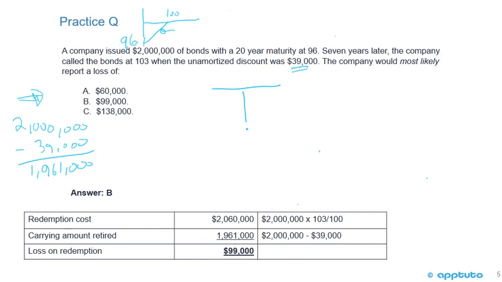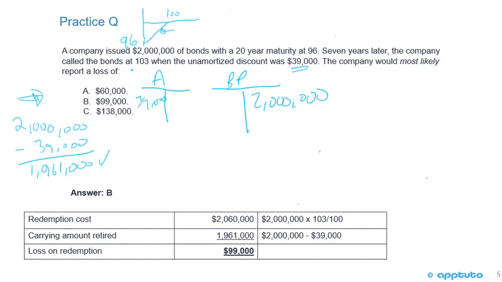We're going to have the bond payable here at 2 million, and if the carrying value is less than 2 million, then the amortization must be sitting there as a debit balance of 39,000. 2 million, right side minus the left side. So we've got our carrying value of 1,961,000.